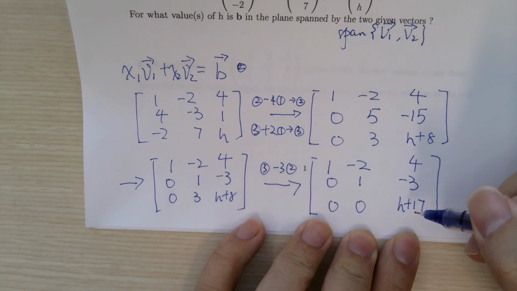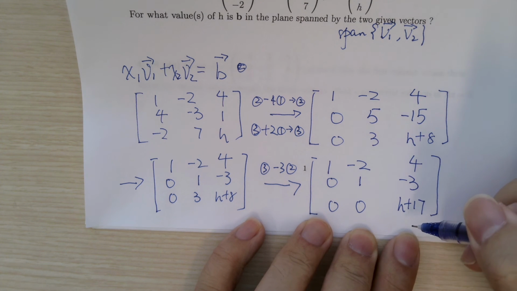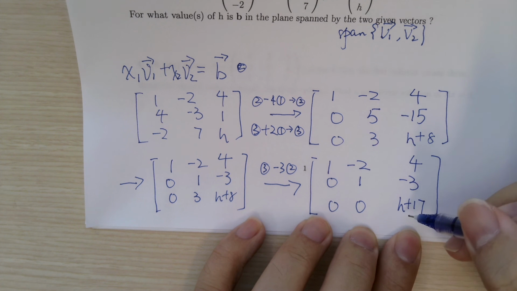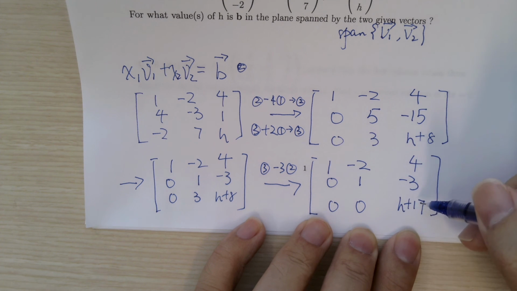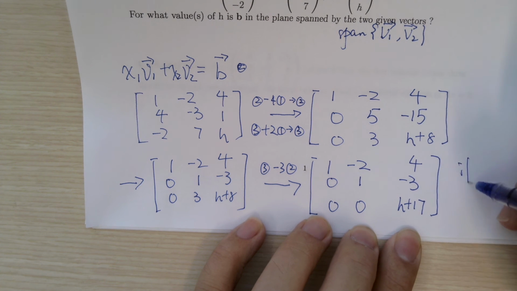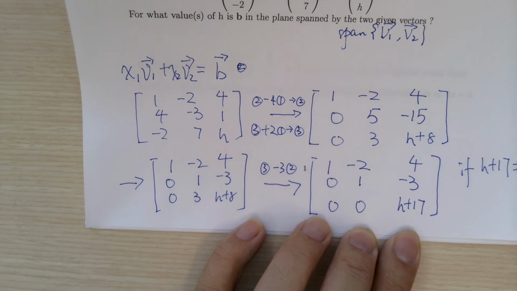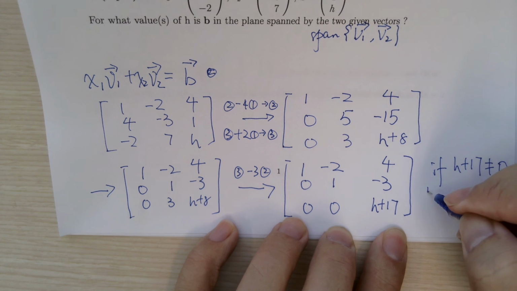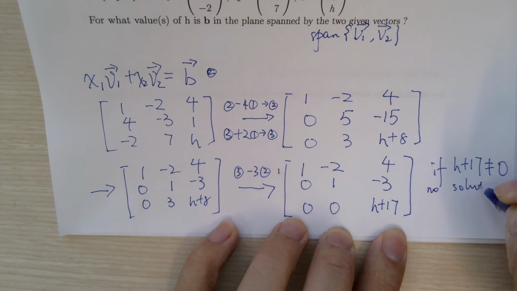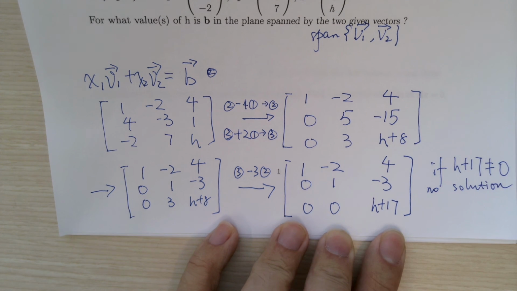So as you can see here, what we can tell is, if this part, h plus 17, is not 0, do you realize that? If h plus 17 is not 0, then there is no solution, right? There is no solution here.